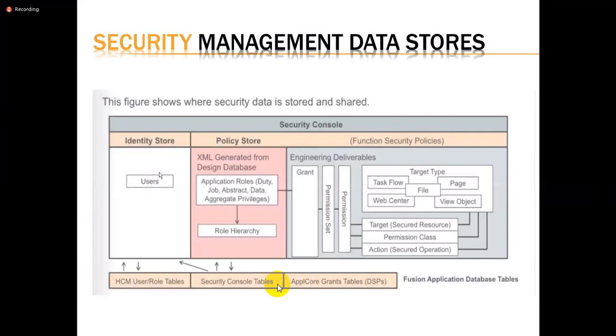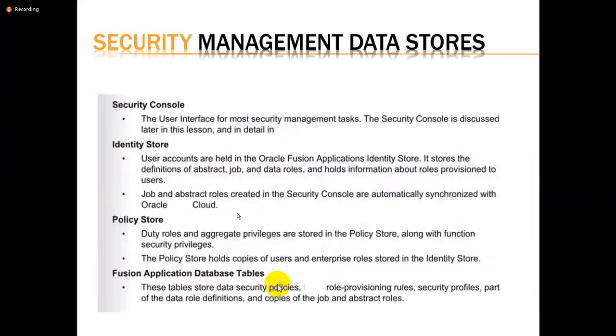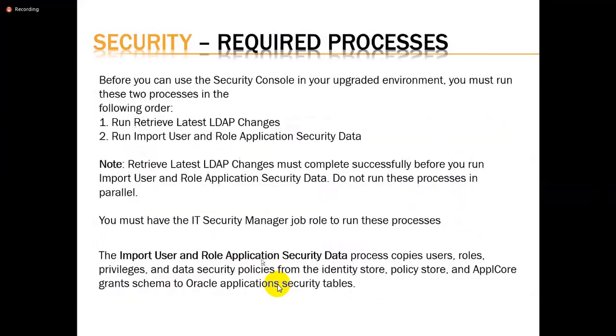It means this identity store should know that some change happened here. Similarly, if some change happened at the page level, those changes should show up in the aggregate privilege. So three sources should be in sync, and all the sync processes will be stored in the Fusion application database tables. To sync all these tables together, we have something called import user and role application security data.